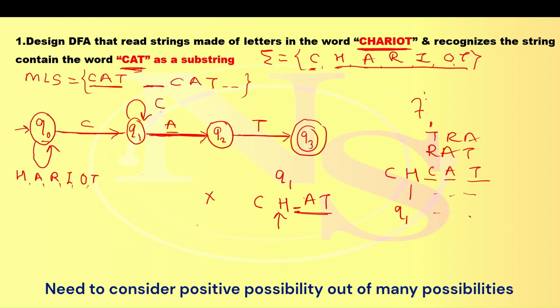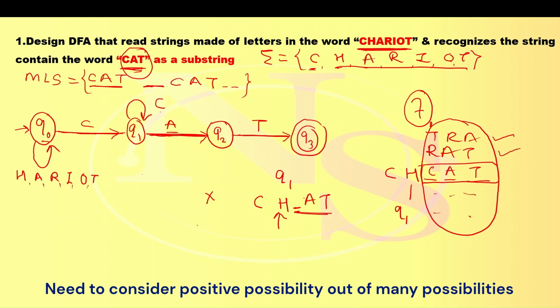Anything may come out of this permutation of 7 symbols. But as per our condition, CAT may come, so one of the possibilities is that CAT, our required substring, may come. We need to consider the valid possibility, because for an invalid possibility our automata will not go to the final state, but for a valid possibility our automata should go to the final state.